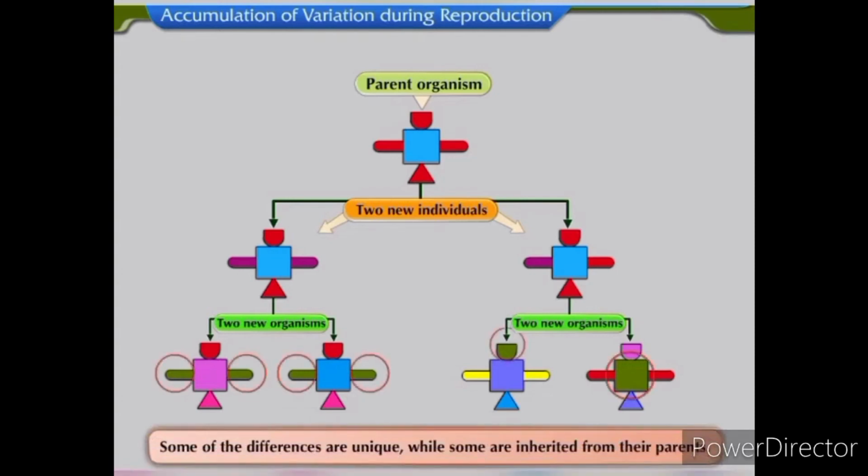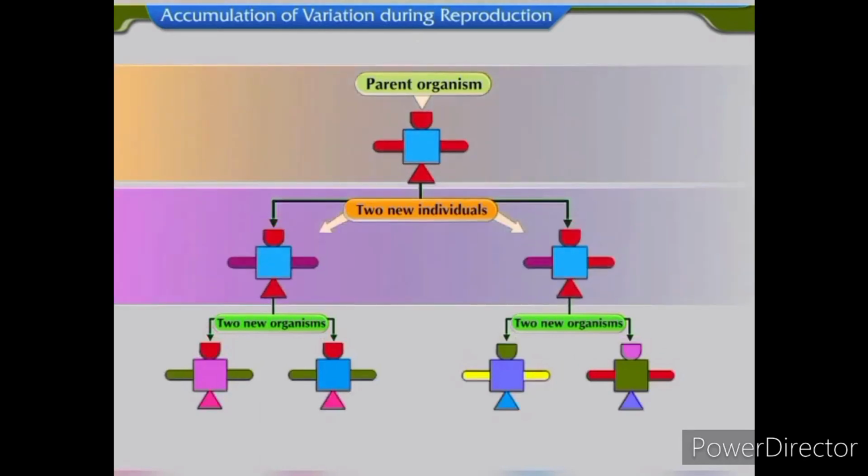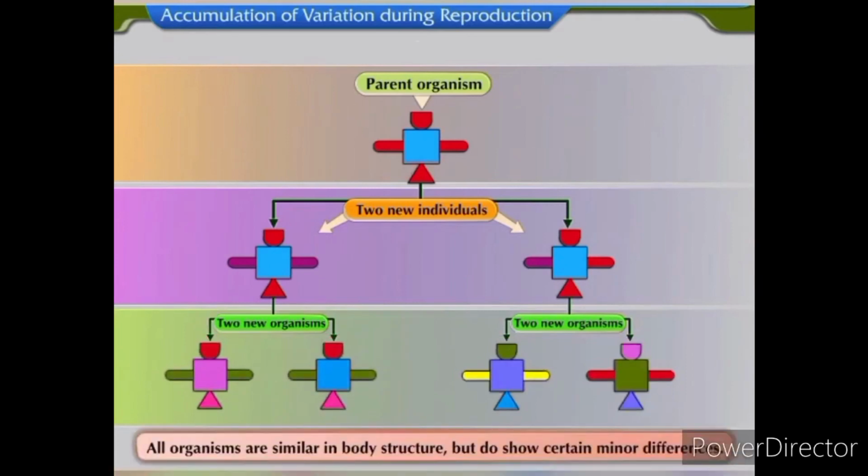Some of these differences are unique, while some of them are inherited from their parents. Thus, when we observe all 7 organisms together, starting from the original parent, the two offspring and their offspring, we notice that they are all similar in body structure, but do show certain minor differences.